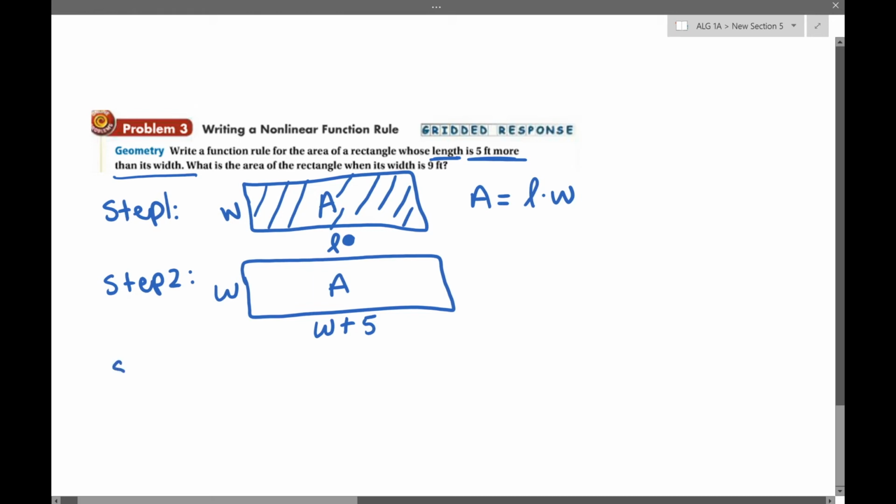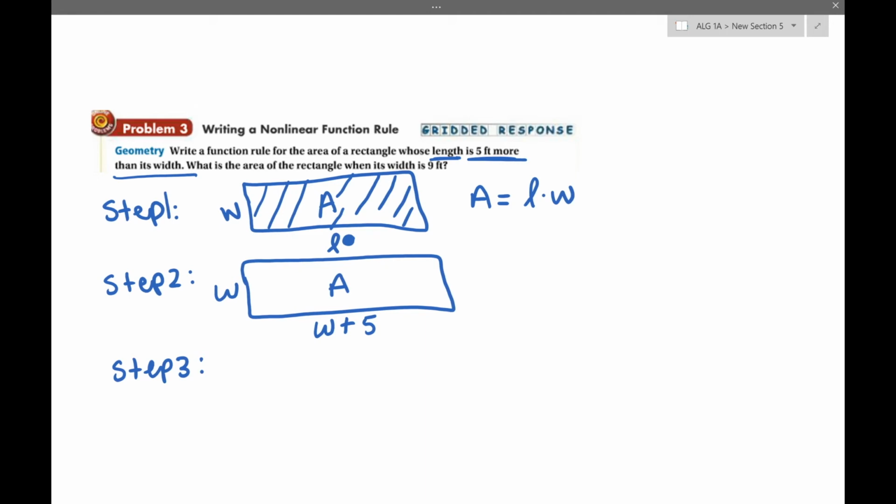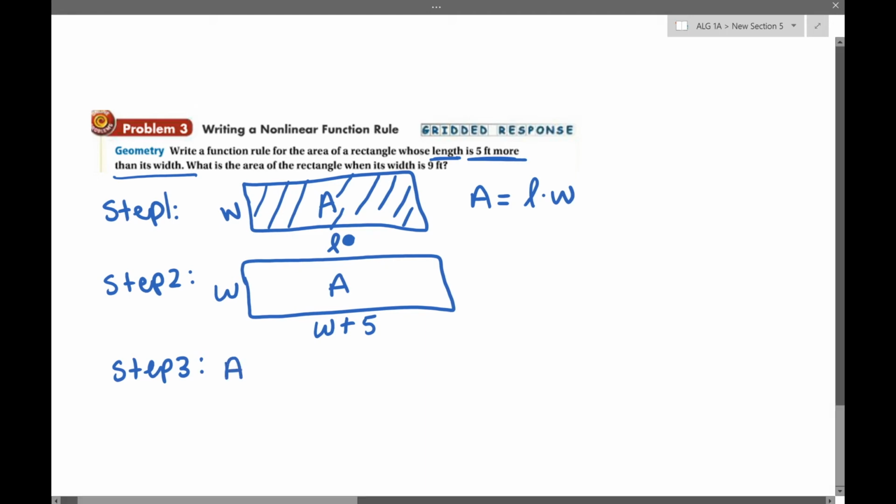So now, step 3 is to write this out. So using the diagram in step 2, let's write this function rule. So my area equals my width times my W plus 5. Because remember, instead of L, it's going to be W plus 5. Okay?